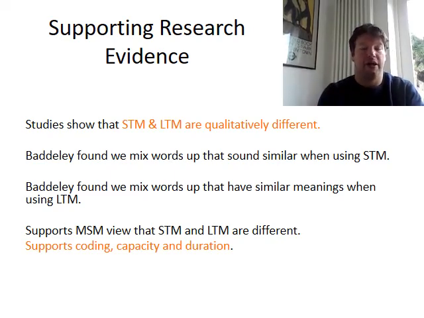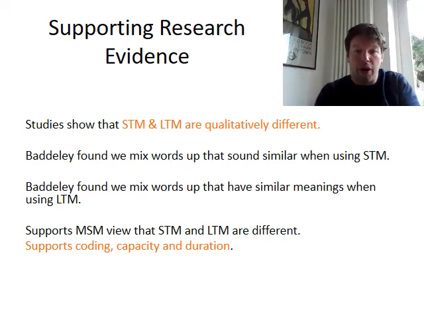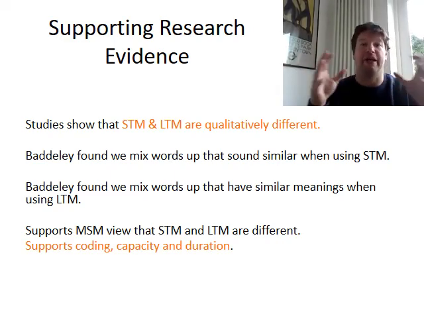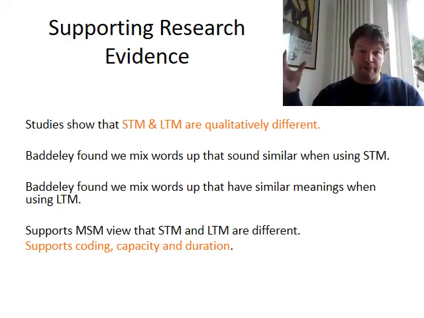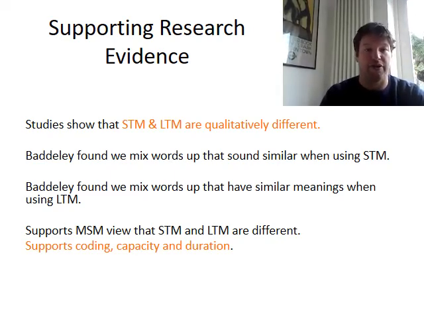So we did the one in the lesson looking at the primacy and recency effect, which shows that there are different types of memory. So there's lots of support for the existence of different stores. If somebody came to you and said, no, the memory is all just one store, you could turn around and say, well, actually, studies have looked and found that there are clearly different stores, short-term and long-term memory.